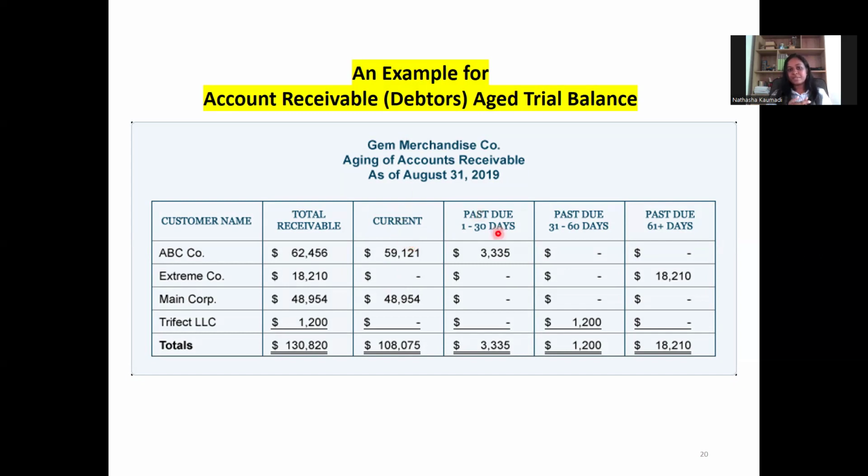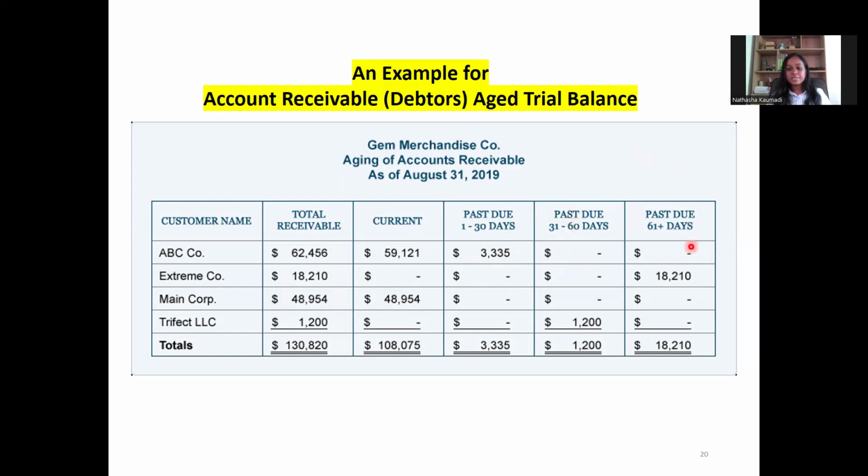After that given 2 weeks credit period, it goes to the next bucket: 1 to 30 days due. Now it's late. What happens after 1 month? Now 1 month late, it goes to the second bucket, 31 to 60 days due. That is 31 to 60 days delayed. Still, that person has not made the payment.